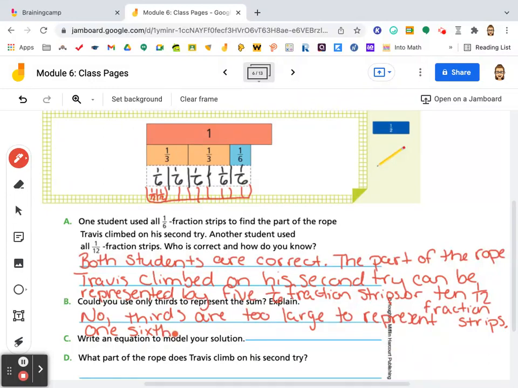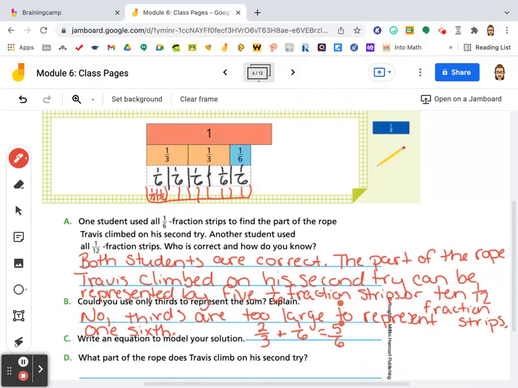It says write an equation to model our solution. Well, we started with 2/3. And we're adding 1/6. So now we have 5/6. So what part of the rope does Travis climb on a second try?